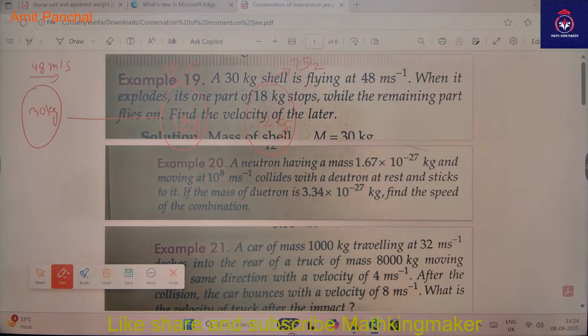Meters per second. Okay, very good. That's the right answer.